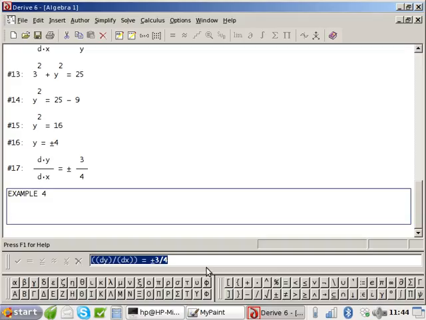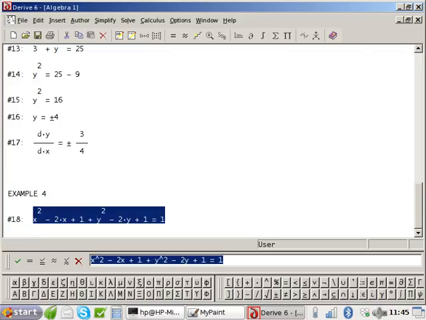Right, so we'll have x squared minus 2x plus 1 plus y squared minus 2y plus 1 equals 1. Of course you can simplify that if you want.